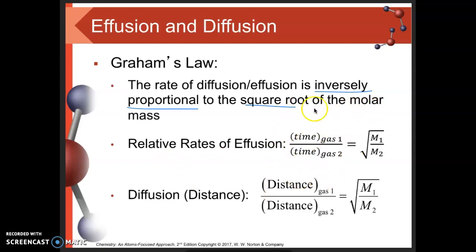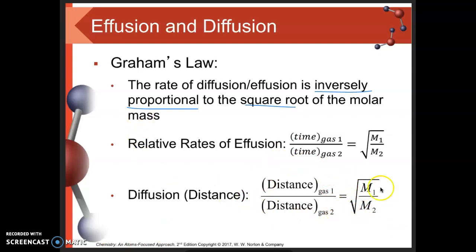We can look at relative rates of effusion, where we just take the time, how long does it take for one gas to effuse compared to another, and compare it directly to the square root of the ratio of the two molar masses. Now we can also look at this from a standpoint of distance as well. If we're looking at how far a gas will diffuse in a set amount of time, we can do the same kind of calculation with the same kind of relationship.